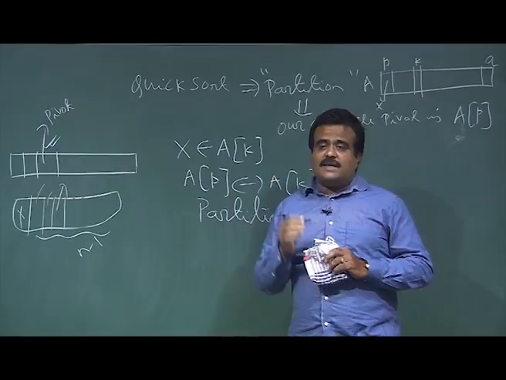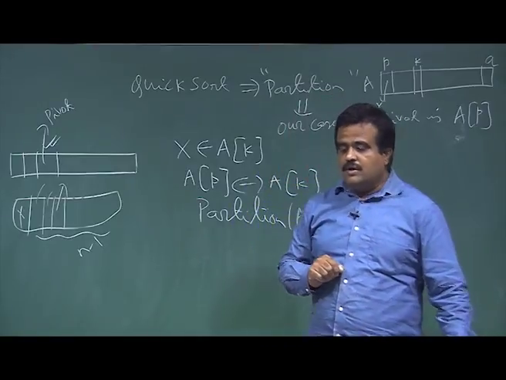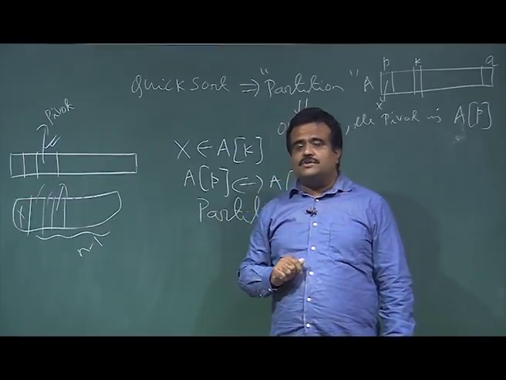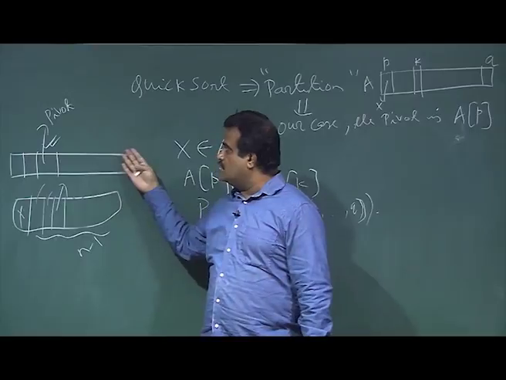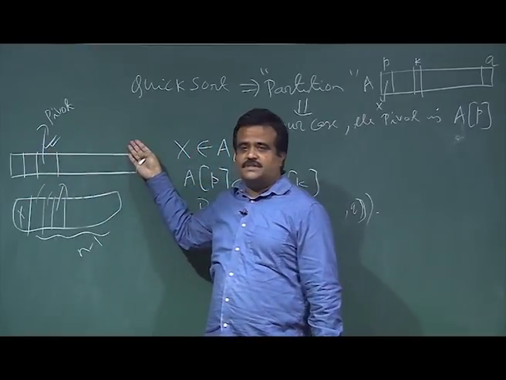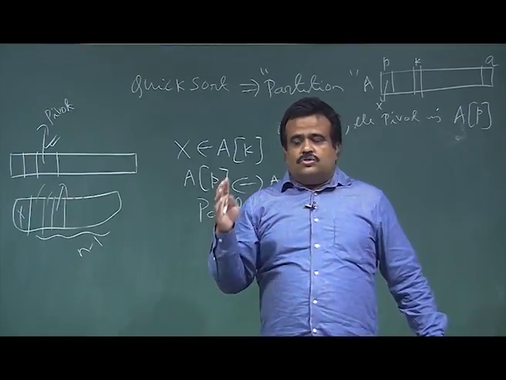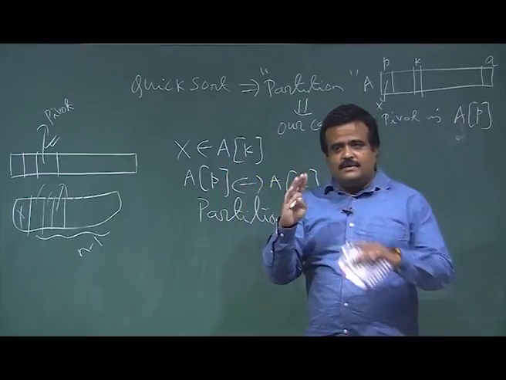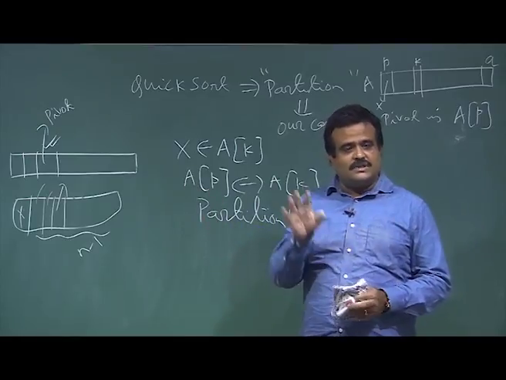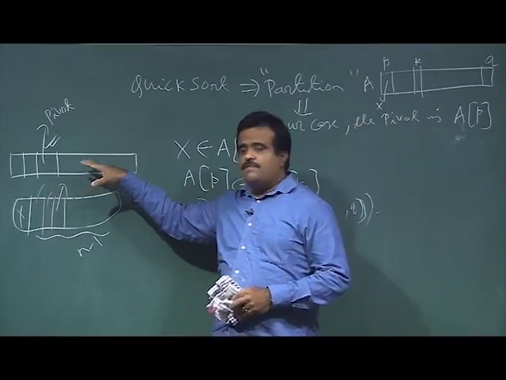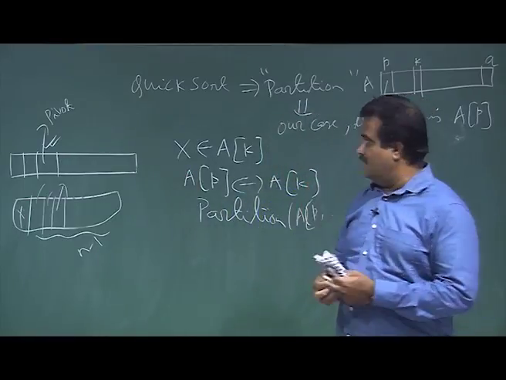To avoid that, the idea of randomized quicksort came. The idea is that we will not let others know which position we are going to choose as the pivot. That will be determined at runtime. We choose the pivot element randomly among these elements. That will save us from the construction of this type of input where our code will perform badly.